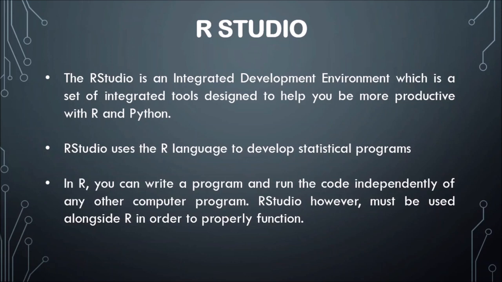But for R Studio to work properly, you need to have R installed on your desktop. If you know LaTeX, you can think of MiKTeX as R software and TeXstudio or TeXnicCenter or any other editor as R Studio.